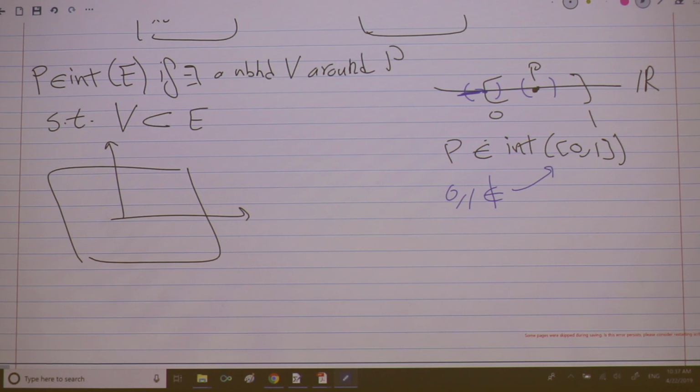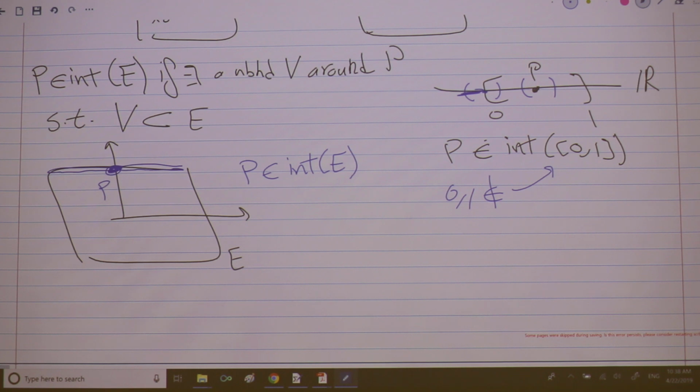Again, let's say this is my E, my set, and here is the point P. Here P was in the middle of the line. Do you think P is in the interior of this rectangle E? No. Why?